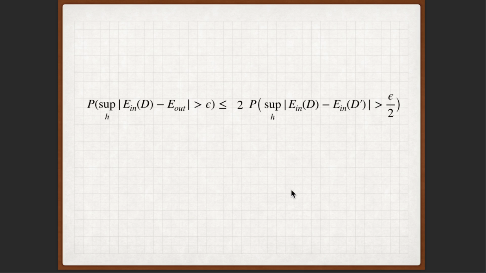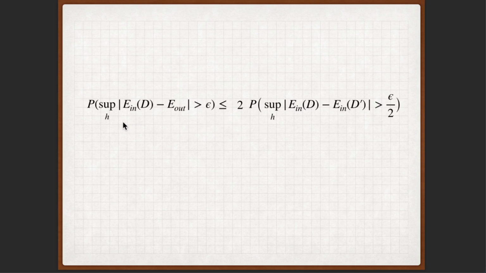Okay, this is what we have now. For some sufficiently large n, and now we know how large it must be, this will be a trivial question.